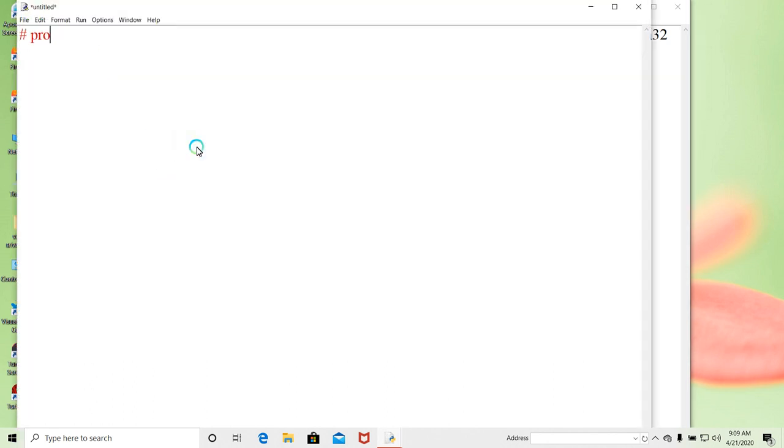And the program is to count the total number of characters in lowercase. That means total number of characters. If I write it this way maybe you get confused: total number of alphabets in lowercase, that means small letters, and in uppercase, that means capital letters.